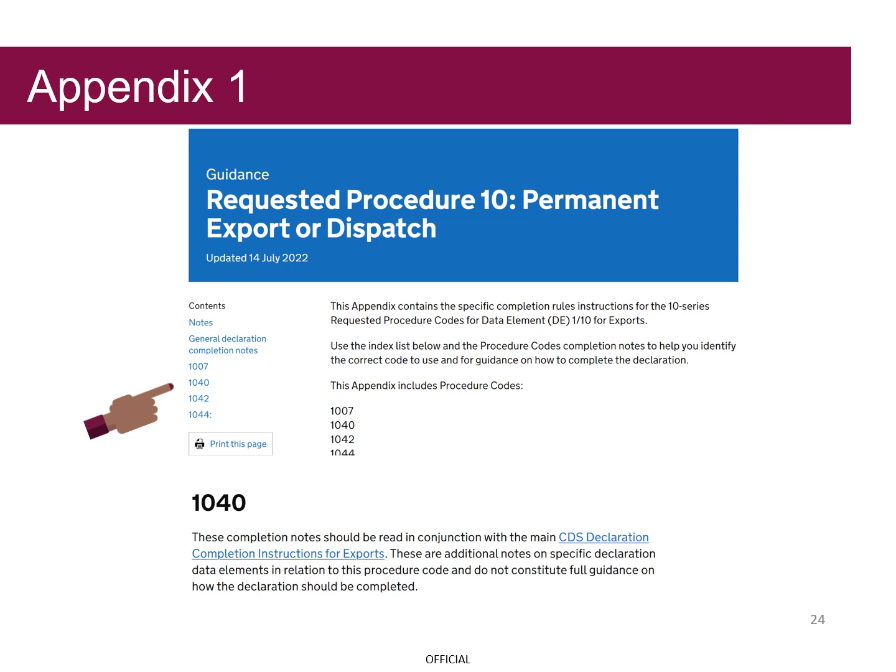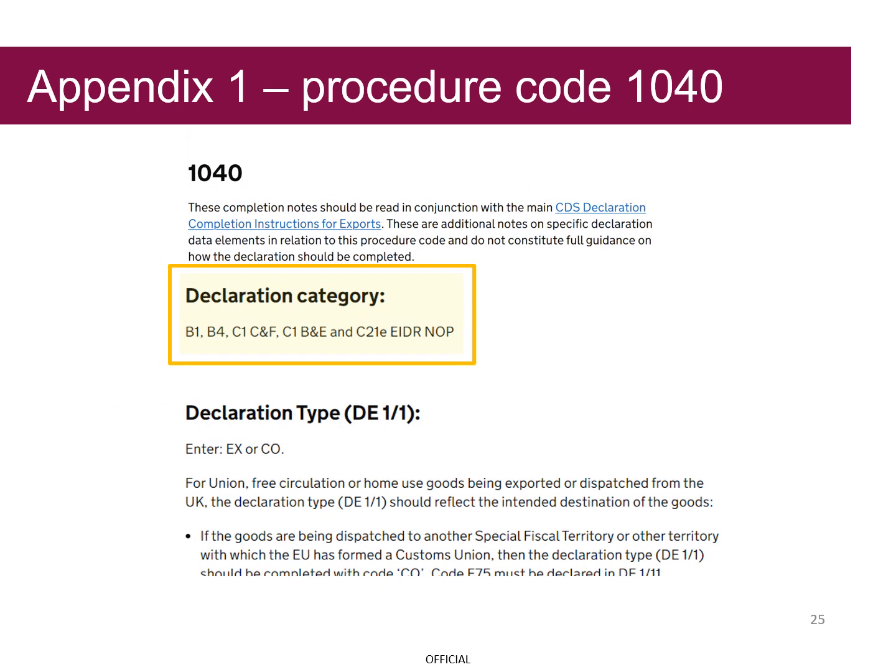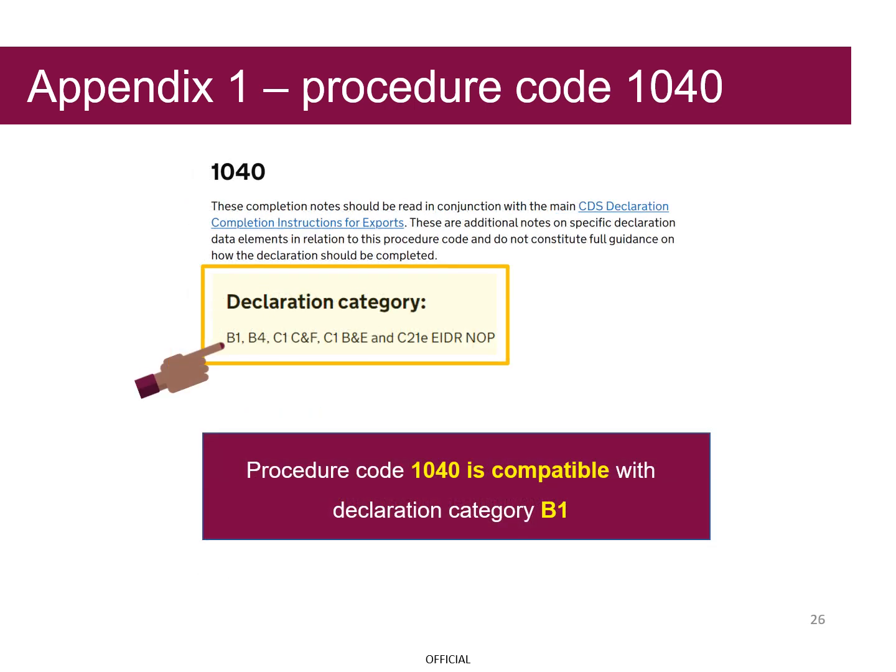He selects the hyperlink 1040 on the left-hand side. Grayson needs to scroll down to the section Declaration Category under 1040. As mentioned earlier, he identified the declaration category as B1. The procedure code of 1040 is compatible with the declaration category B1.